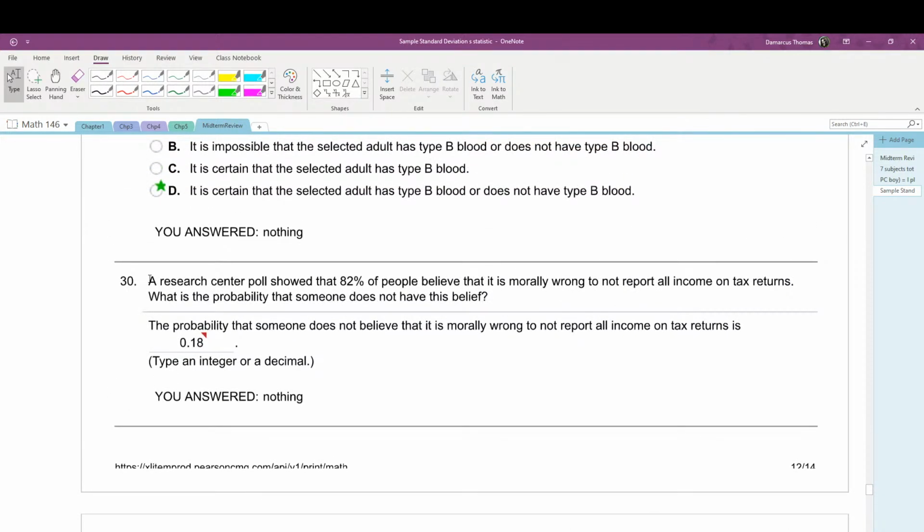And this is just a probability of complement. 82% believe that you shouldn't lie on your income tax. What is the probability that someone does not believe this? And we say it's 18% or 0.18.